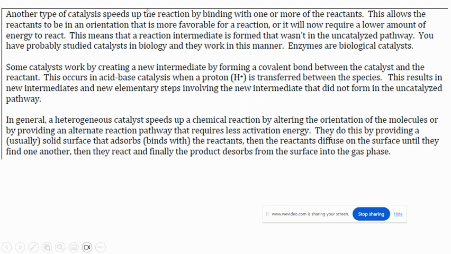One of the other ones is that it will bind with one of the reactants, and that will change the orientation. So it makes it easier to do that kind of transfer of energy.